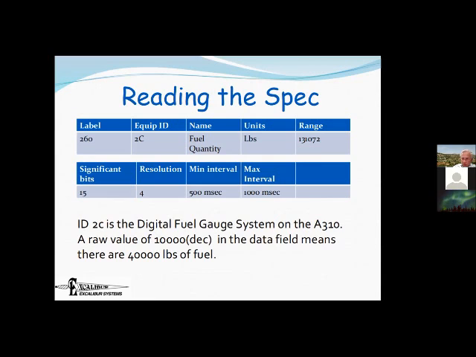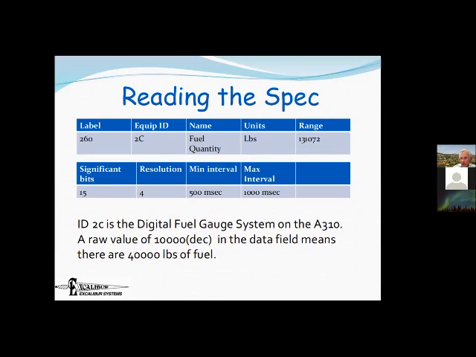Okay, and the number of significant bits. How many bits should you interpret when you get the 32-bit label? How many data bits are there? The spec tells you there are 15. Now, 15 data bits, we've mentioned a couple of times, gives you 32,768 possibilities. Well, how do I get a range of 0 to 131,000 pounds if I've only got 32,000 possibilities? The answer is that my resolution is 4, meaning a 0 in raw data means 0 pounds.